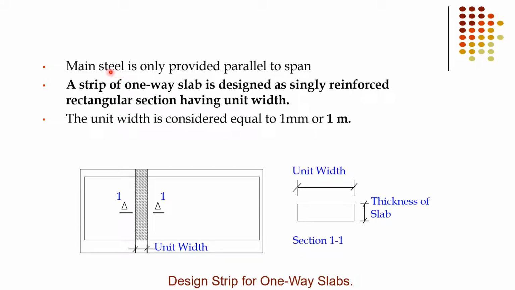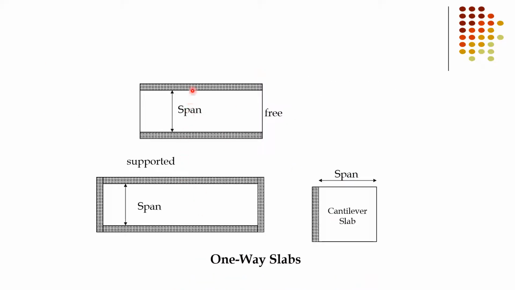In the one-way slab, main steel is only provided parallel to the span. So here this shorter span will act as the main load carrying element, so the main steel will come in this direction. Here in this span also the main steel will come in this direction, and the distribution steel will come in this direction. You may also have seen that in slabs we provide steel bars in the X direction and in the Y direction. Which bar comes under and which bar comes on the upper side in the slab?